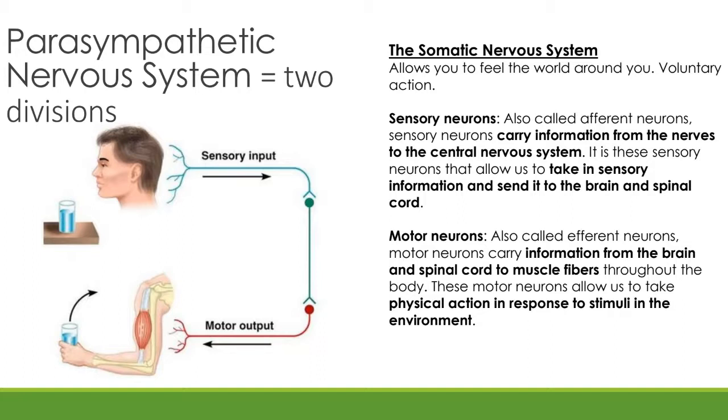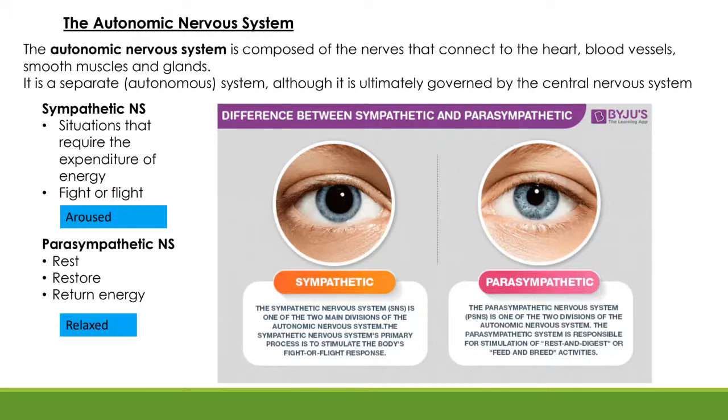And those motor neurons allow us to take physical action in response to the stimuli. So sensory input in, motor output is the outcome of that sensory information once it's been processed by our central nervous system. So that's the first part of our PNS, our somatic nervous system. Somatic and sensory sound quite similar, so it's a good way to remember it.